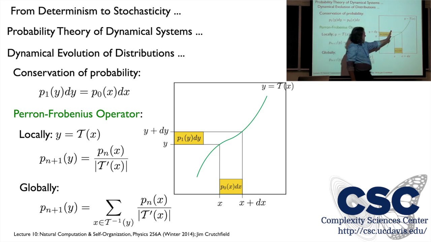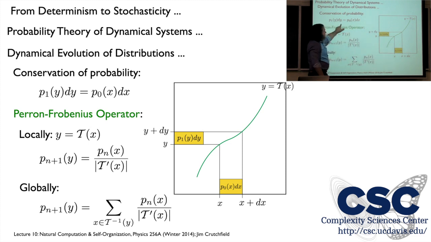Also the converse: if the slope was very, very steep here, this interval, the support, is going to get spread out. And in order to have the same area, the probability amplitudes in the next step would be less. Okay, so this is what I just said. I'm mapping forward a little bit of the probability density function. At the next time step, I assume I have the same amount of probability in that little area.